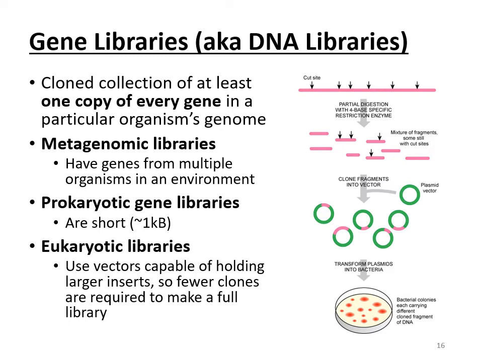Now, there are also with gene libraries what we call metagenomic libraries. So they'll have a plate that has genes from many different bacteria. So a lot of times you see this, for instance, from an ocean environment. They'll collect a sample, and then they'll have a plate that represents all the genes in that particular location. They have prokaryotic gene libraries, which are, for instance, bacterial.